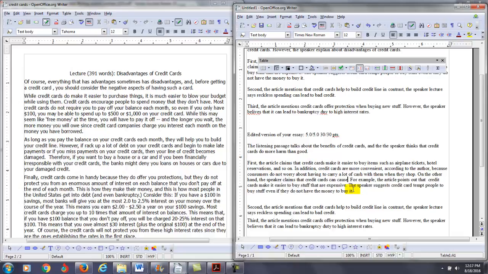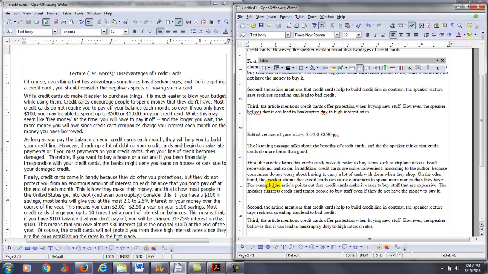I want to say cause consumers to spend more money than they have. I think that's probably what you want to say there, and that more accurately explains what the key point is in that first paragraph of the lecture.